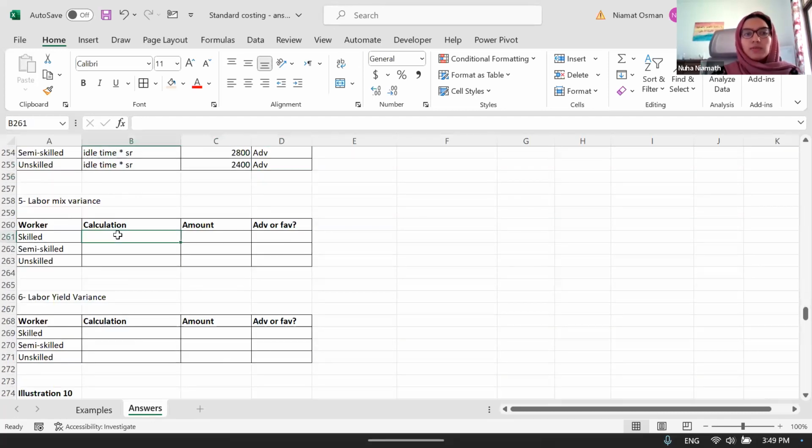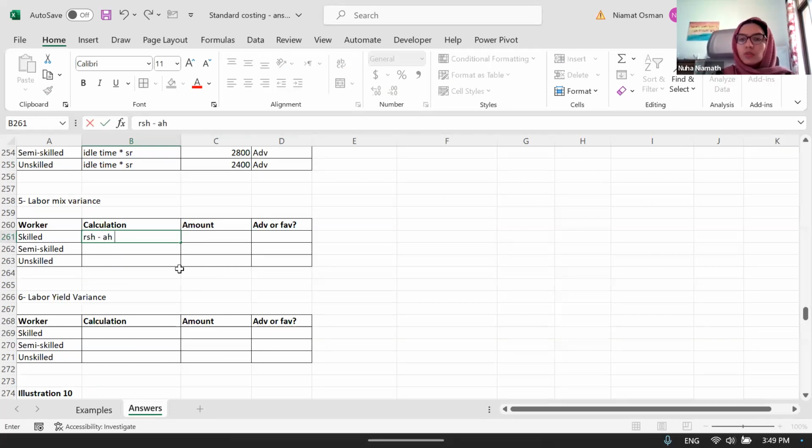Now, mixed variance formula. What's the formula for mixed variance? RSH minus AH into SR. Perfect. Amount.